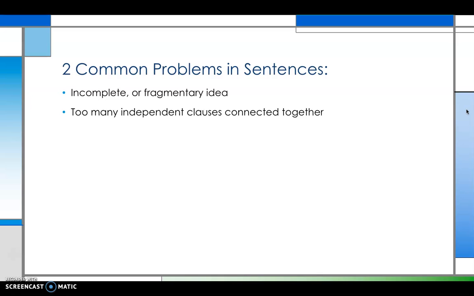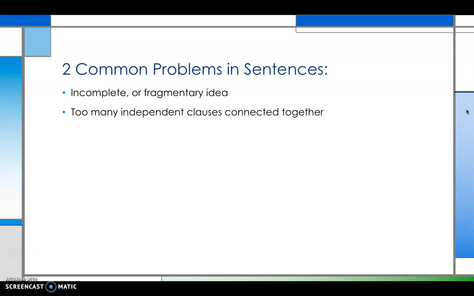So if you listen to those really excited sportscasters reporting action, they might fall into this incomplete or fragmentary idea trap. They might start yelling, running, the ball, on the field, score, right? We don't know who's doing what. We don't know what's happening with those things. If we're watching, we do.